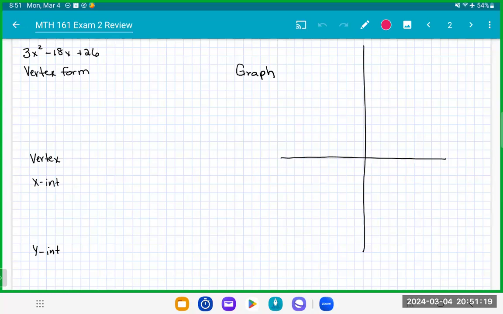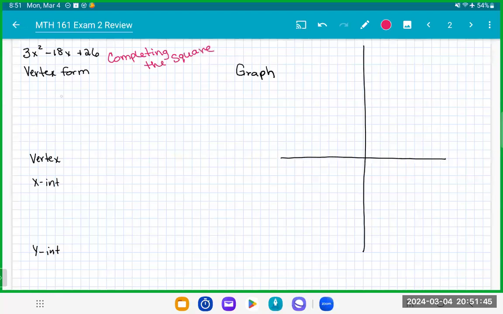What are the x and y intercepts? We've gone over all of this. When you look at this, you'll want to use completing the square. So I'll put that here as a pointer, completing the square.